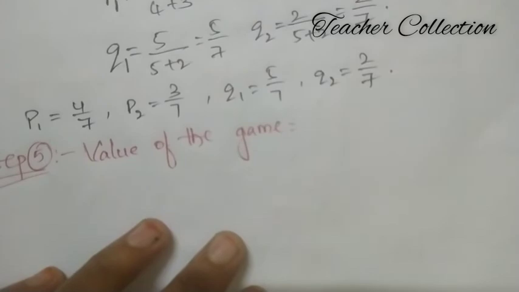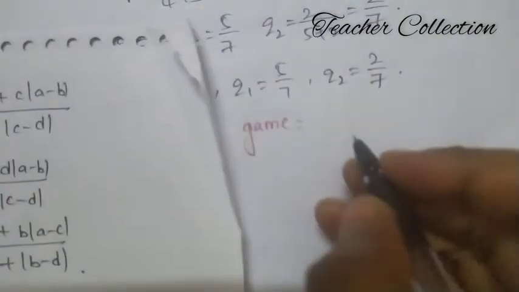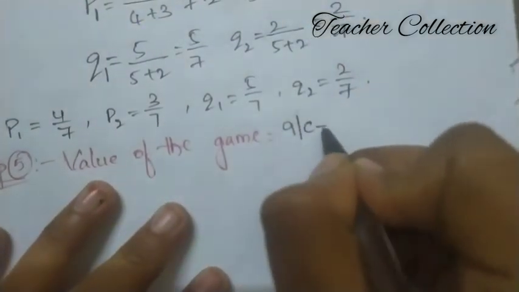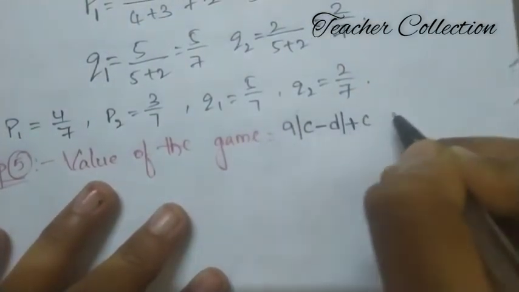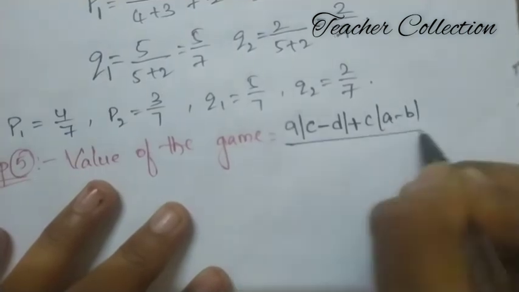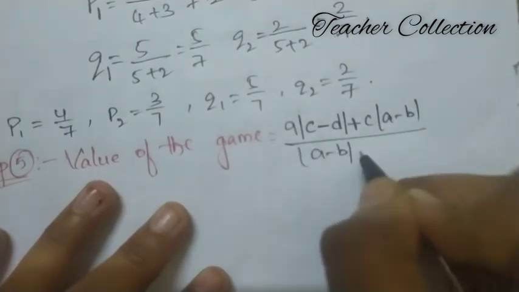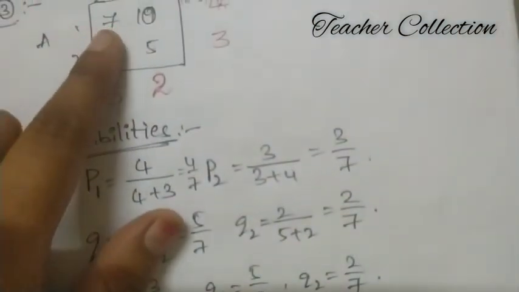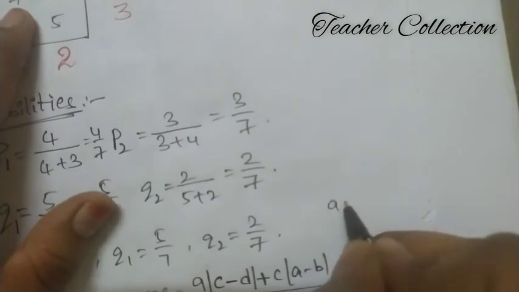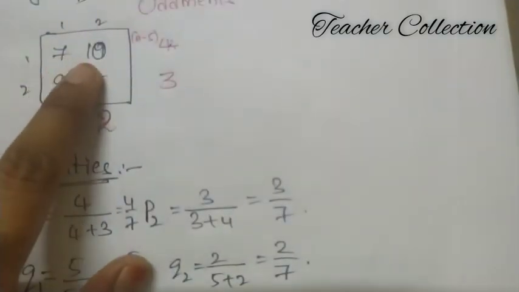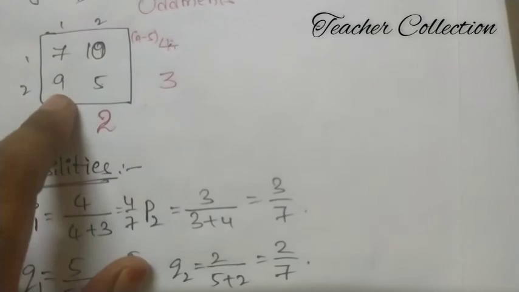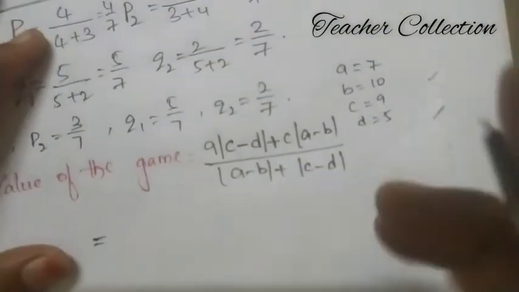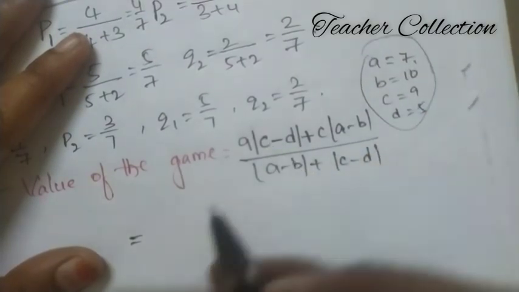Now I am using this first formula, that is (A times (C minus D) plus C times (A minus B)) by (A minus B plus C minus D). Here A is equal to 7, B is equal to 10, C is equal to 9, D is equal to 5. These are the values. Now we will substitute these values.